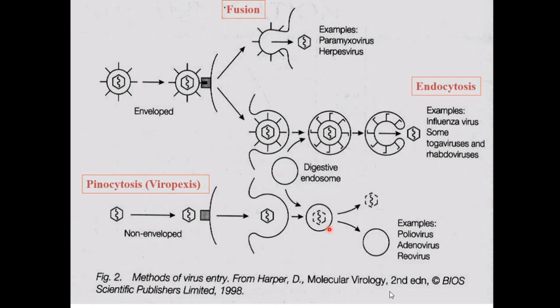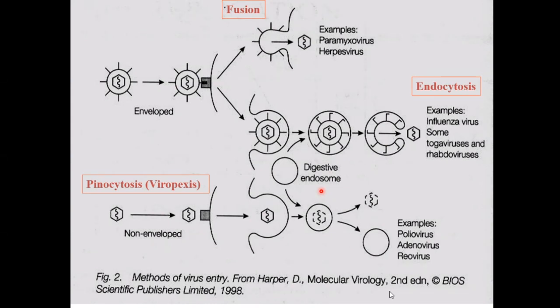So these digestive endosomes are always in the cytoplasm. These are enzymes that allow the cell to hydrolyze this phagosome to release its contents, which is nutrient, though in this case it is not nutrient, it is virus.